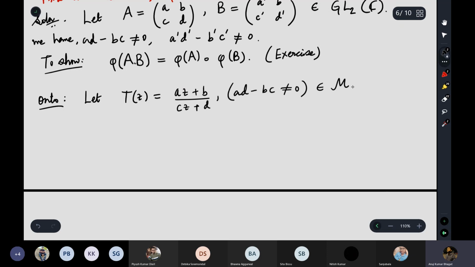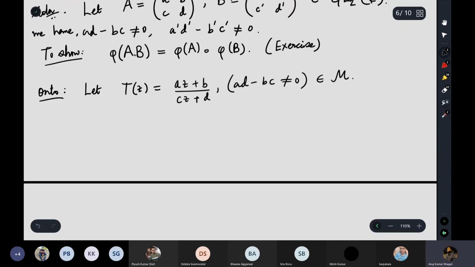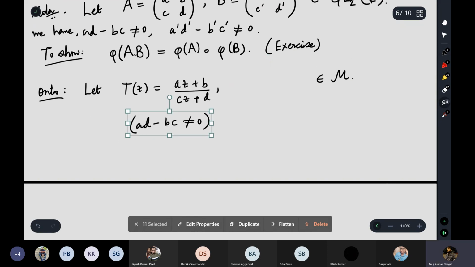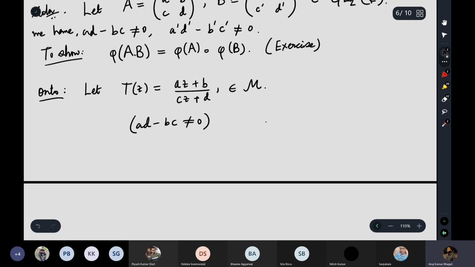Or basically I should not write this here, because if I am picking a member, that is enough, right?